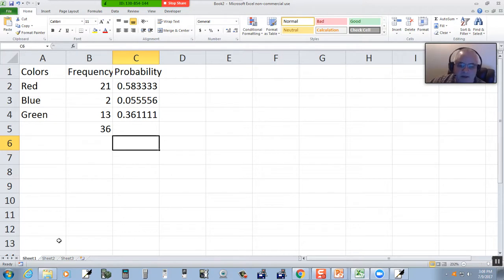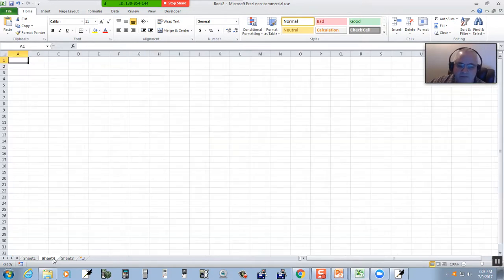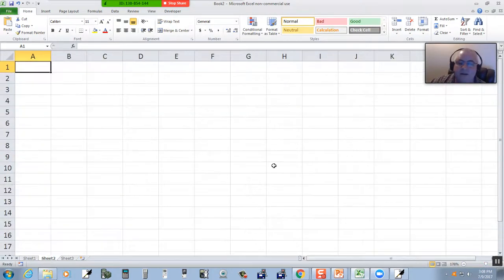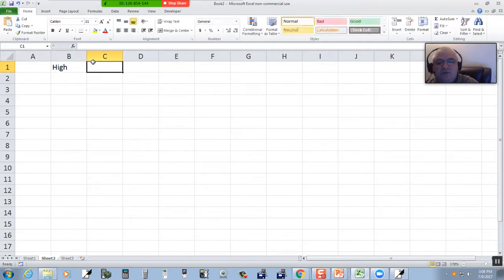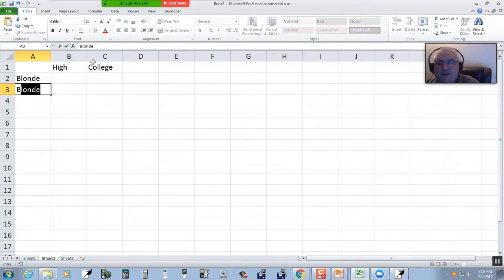Okay, sometimes you're given tables. Like maybe education here of high school, college. Over here on the side, I'll have hair color. Blonde, let's see, black hair, brunette.